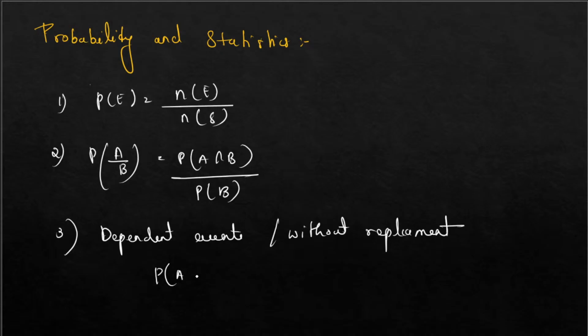So probability of A and probability of B. And what is independent event?